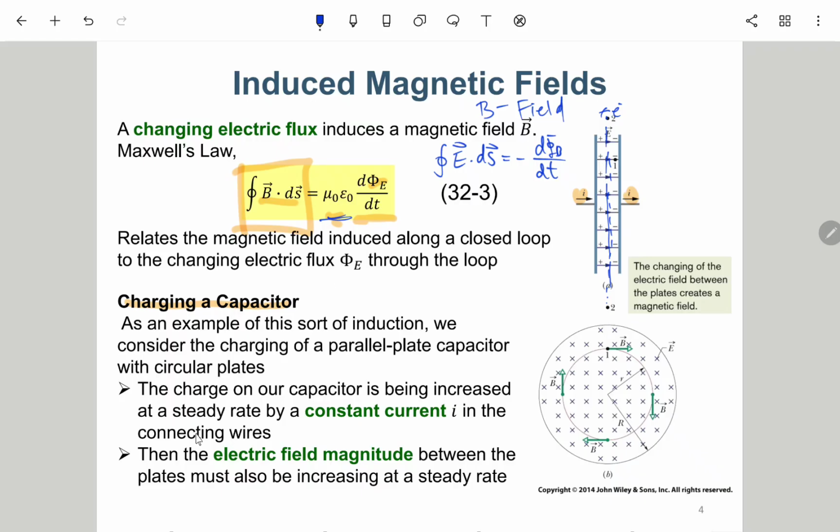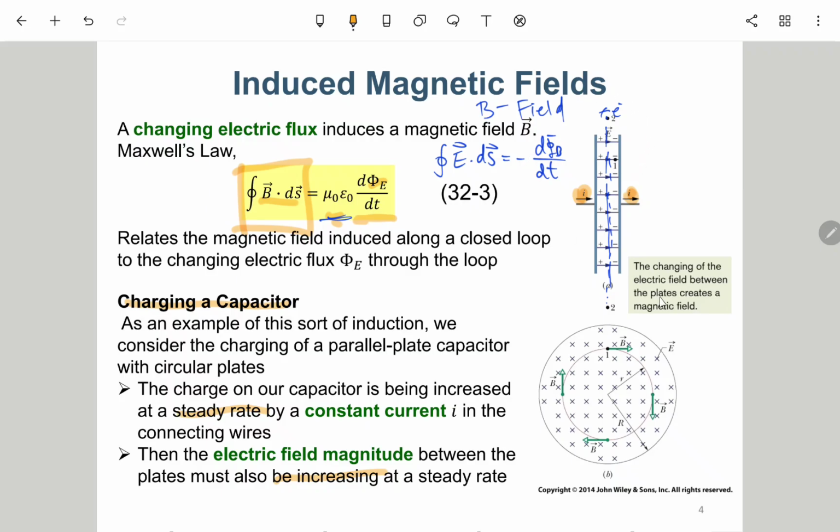The charge of our capacitor is being increased at a steady rate, which means there is a constant current I in the connecting wire. Then the electric field magnitude between the plates must also be increasing, so the E field for this plane is increasing, and the electric flux is also increasing at a steady, constant rate.